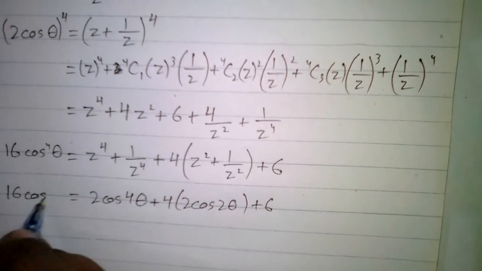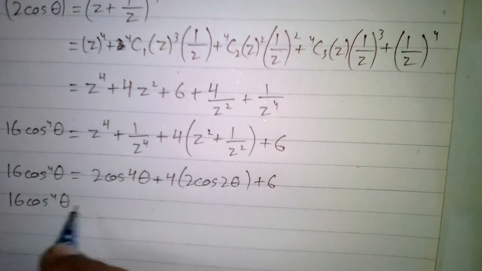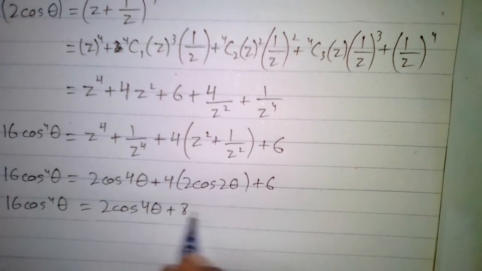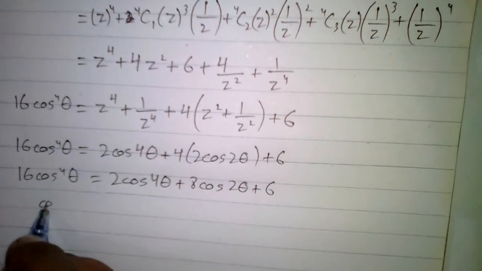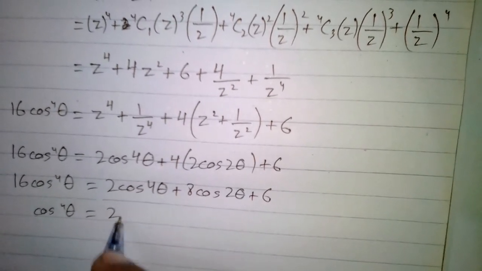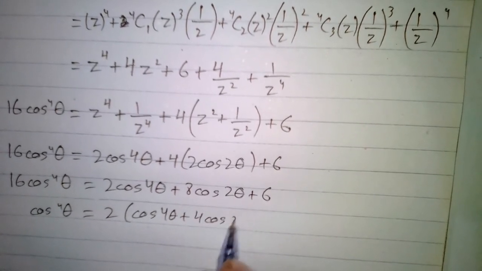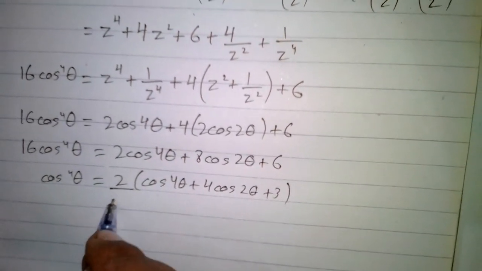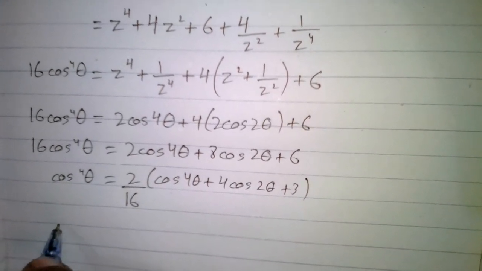Now 16 cos^4 theta is equal to 2 times cos 4 theta plus 8 cos 2 theta plus 6. Now we can take 2 common from this expression, so we have 2 times (cos 4 theta plus 4 cos 2 theta plus 3), and we can take this 16 on the other side, so this will be written in the denominator.